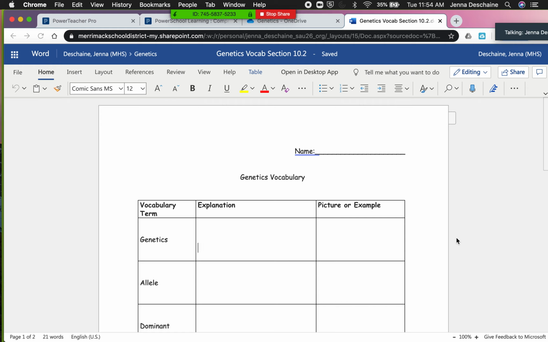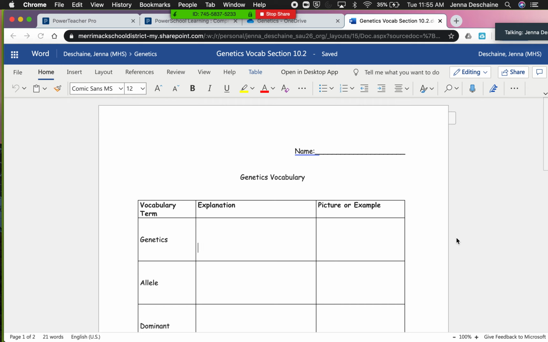But today's lesson, we are going to be diving right into genetics, which is one of my favorite units. I think it's so much fun to really learn about inheritance and how things are passed on from parents to offspring. So yeah, that is going to be so much fun. I'm kind of bummed that we didn't get to do this in class together because there's so many different fun activities to do, but I think we're still going to have a good time even if we're doing this remotely, okay?